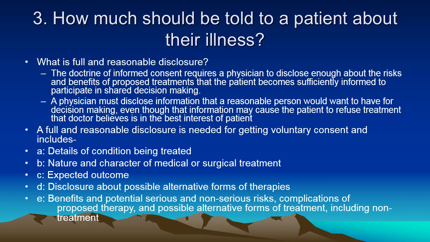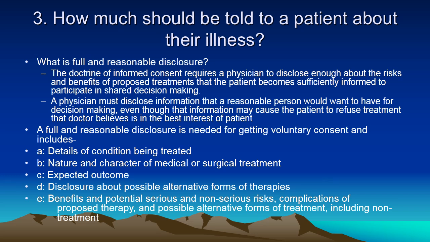A full and reasonable disclosure is needed for getting voluntary consent and includes the following points. This is important. Details of the condition or disease being treated, nature and character of medical and surgical treatments available, expected outcomes with each option, disclosure about possible alternative forms of therapies which are present, and benefits and potential serious and non-serious risks and complications of the proposed therapy, and complications of other alternative forms of therapy, including non-treatment.